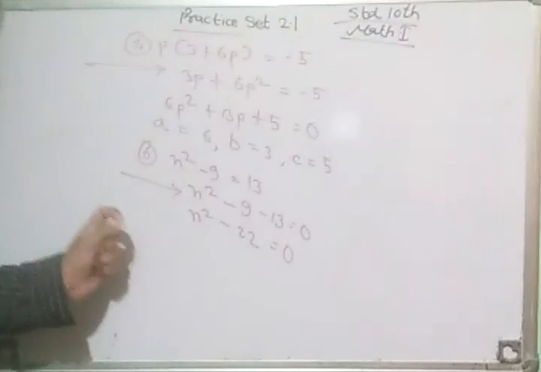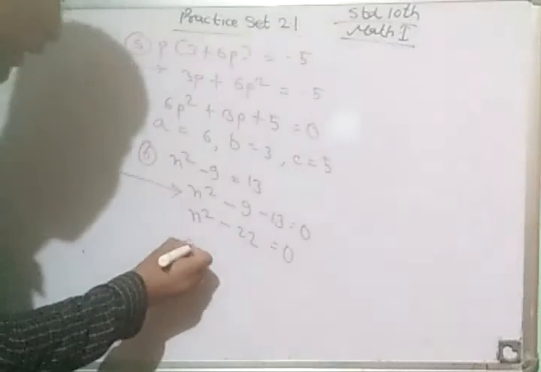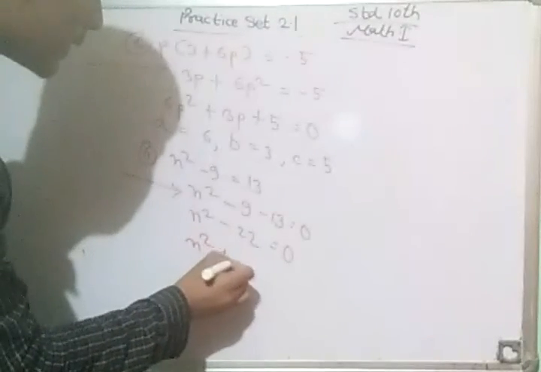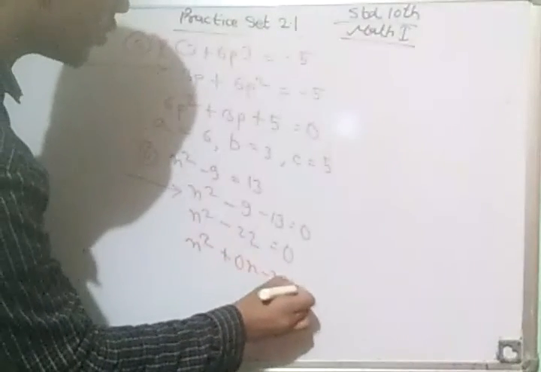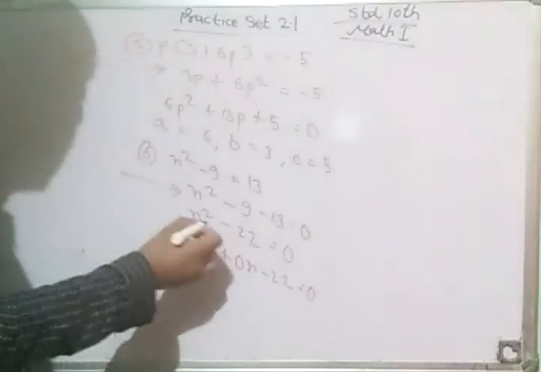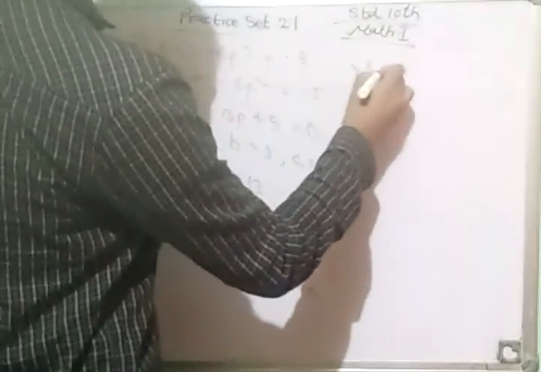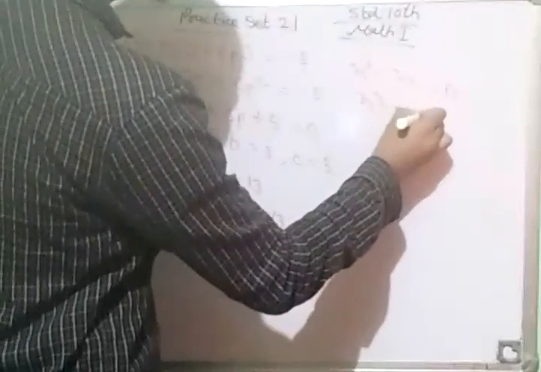We know that when we write this condition, we write x square plus 0x minus 22 is equal to 0. Friends, like this condition, x square minus 22 is equal to 0, we write x square plus 0x minus 22 is equal to 0.